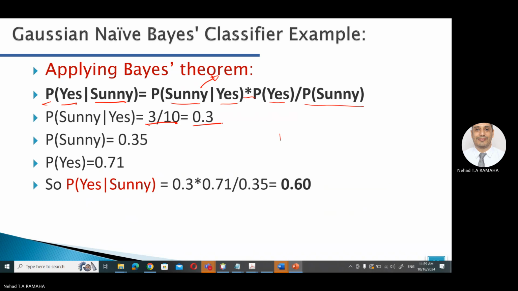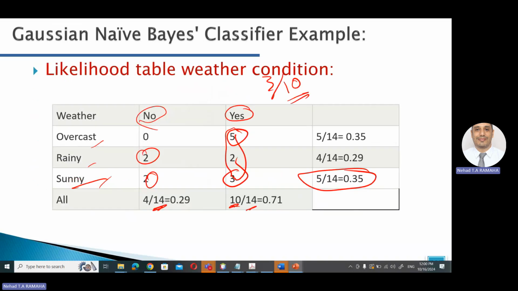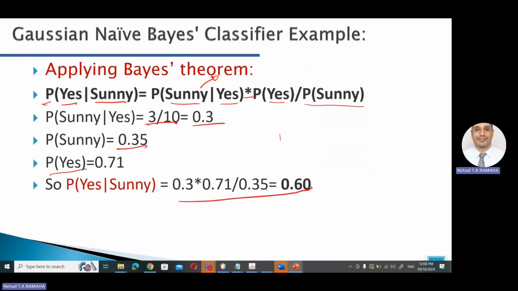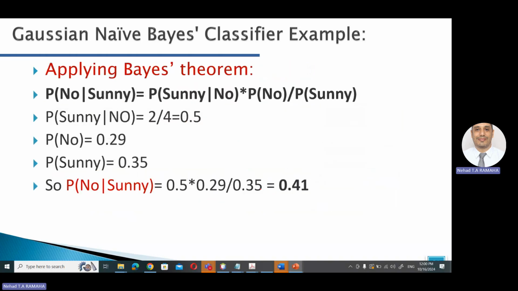Then the probability of sunny, we calculated it here. And the probability of yes: what's the probability of yes? 10 divided by 14. Then you will calculate the multiplication.